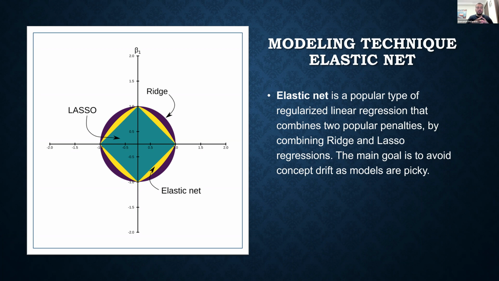All you need to know is that it uses two different penalties or parameters that you can adjust in order for it to be more elastic and not so overfit to a specific way of modeling this data set. The main goal of using the ElasticNet is to avoid concept drift, which is basically overfitting, because models are picky, right?